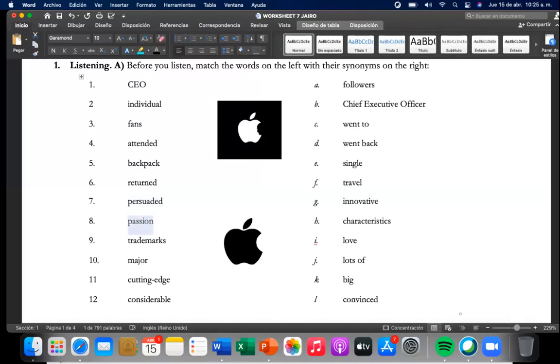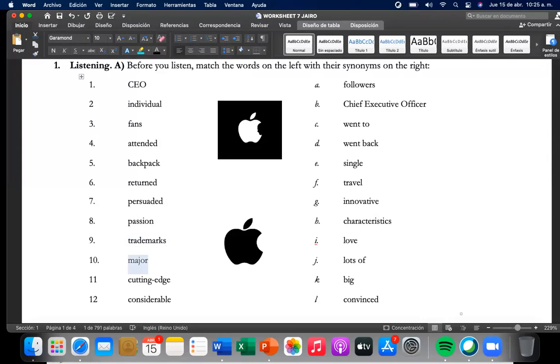Love is a synonym. Trademarks. What is a trademark? Characteristics. Characteristics, right? Okay, very good. So trademarks, for example, this company, Apple, they have very specific characteristics which are different from smartphones, from different laptops, right? So they have like trademarks.